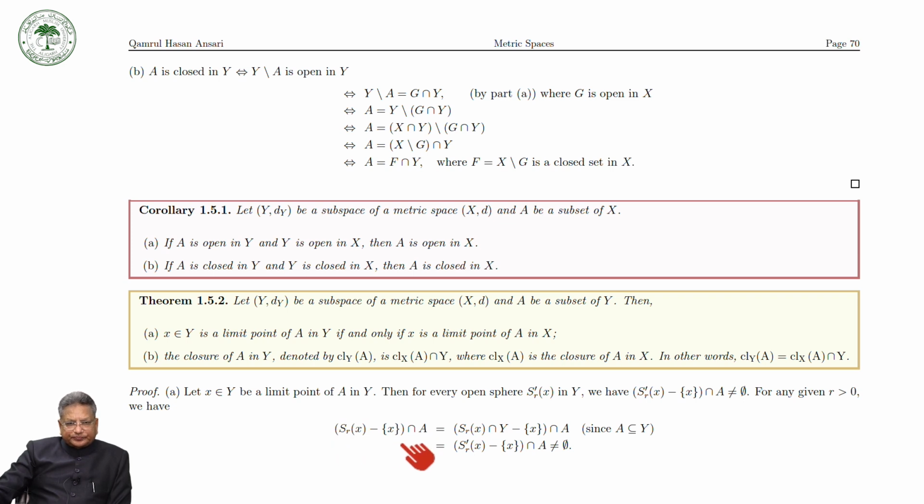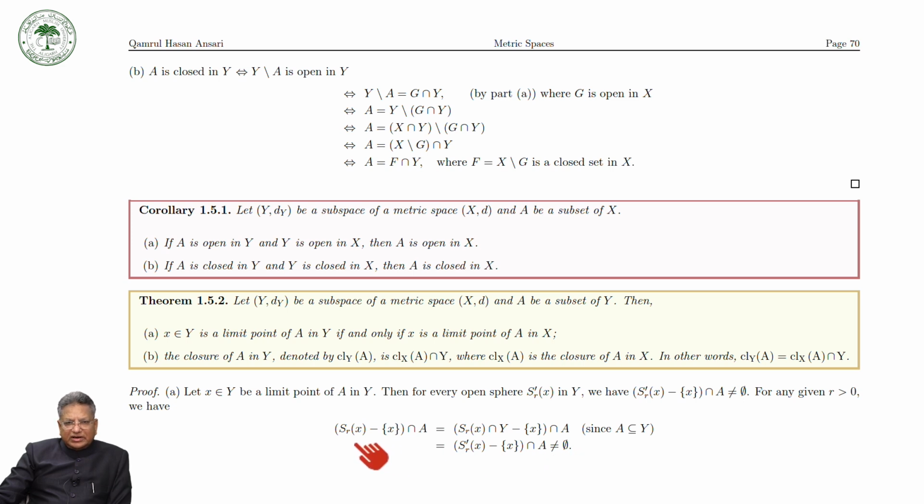Now by the previous lemma, since A is a subset of Y, we can take this intersection Y minus x, intersection A. We can write it as intersection Y because A is a subset of Y, so it is always a subset of Y. This is equal to the open ball with center x and radius r with respect to d_Y, minus x, intersection A. So this is non-empty.